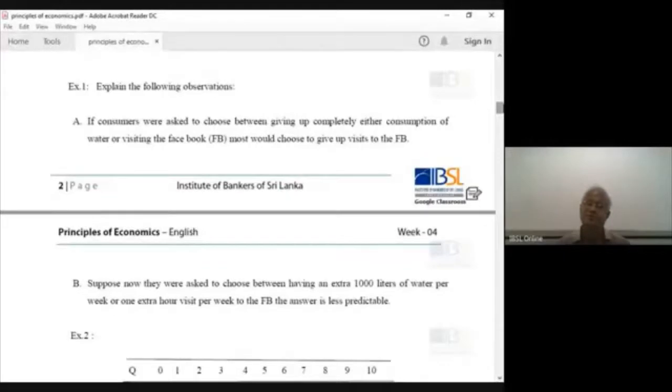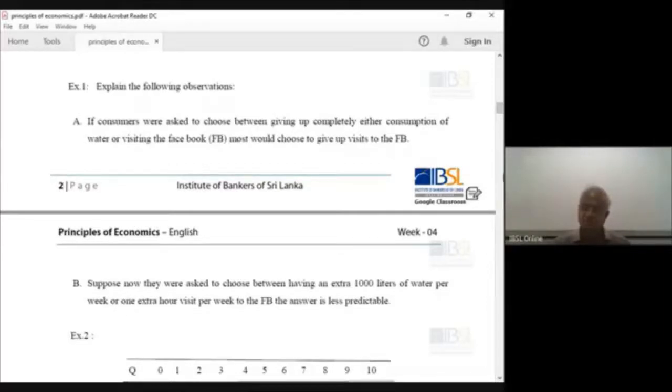Another consumer may say, no, I need 1,000 liters of water. I get more marginal utility from 1,000 liters of water than from 1 hour of FB, so he will definitely choose the water. That's why it is unpredictable. That is the answer to the second one: it depends on the marginal utility of the two things. Now you can understand these two concepts clearly. What is total utility? What is marginal utility?